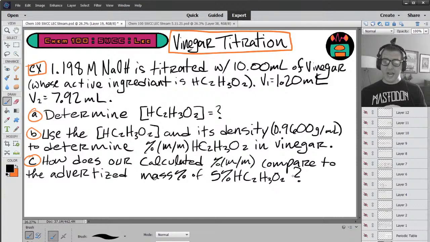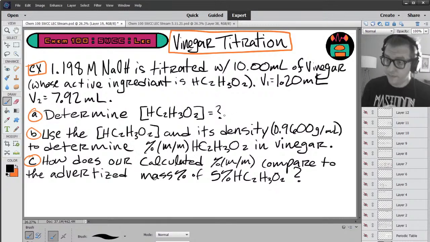All right, so we have a few things to figure out. First and foremost, we need to find the molarity of our acetic acid solution, and we're going to do so in a much similar way.